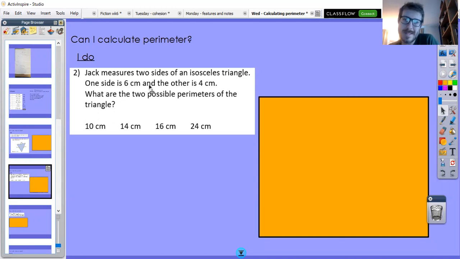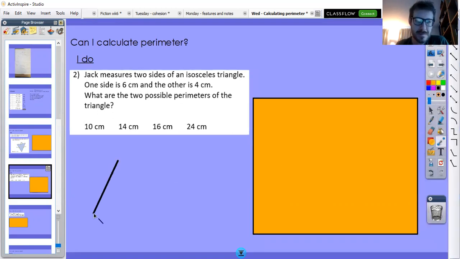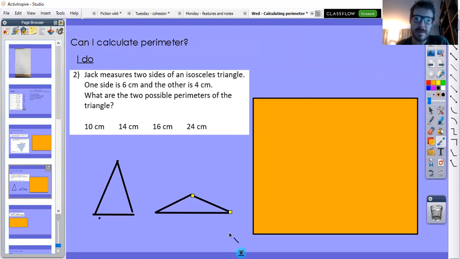So we've got 2 possibilities, because if 2 of the lengths were 6 centimeters, so let's say these 2 lengths were 6 centimeters, and that would be 4 centimeters, then that's going to give a different perimeter to if we had one longer side here, and these 2 sides were 4 centimeters.